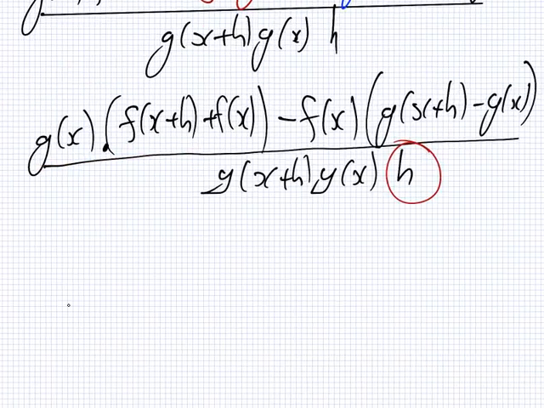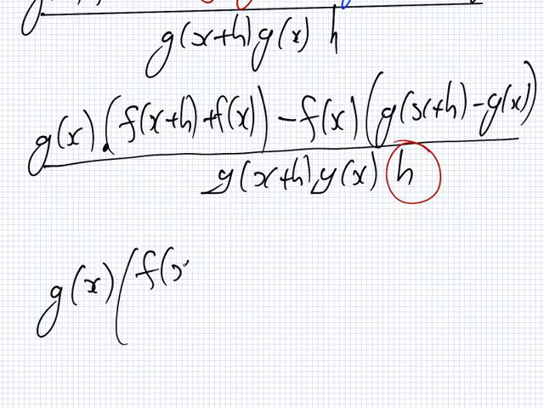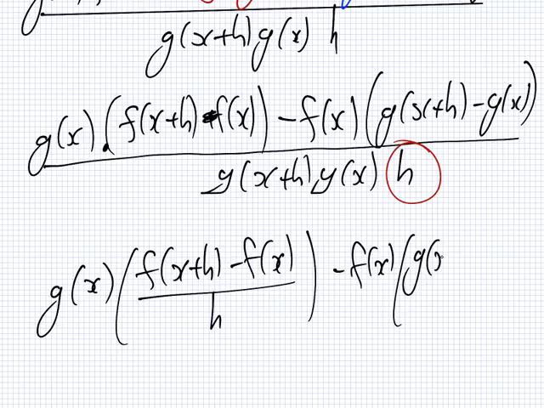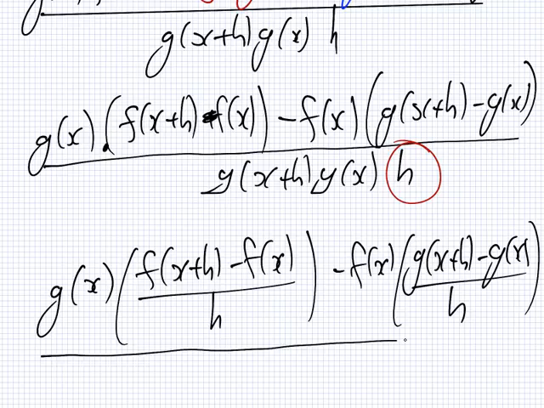So now I have g(x) times f(x+h) minus f(x) over h, minus f(x) times g(x+h) minus g(x) over h, all over g(x+h) g(x).